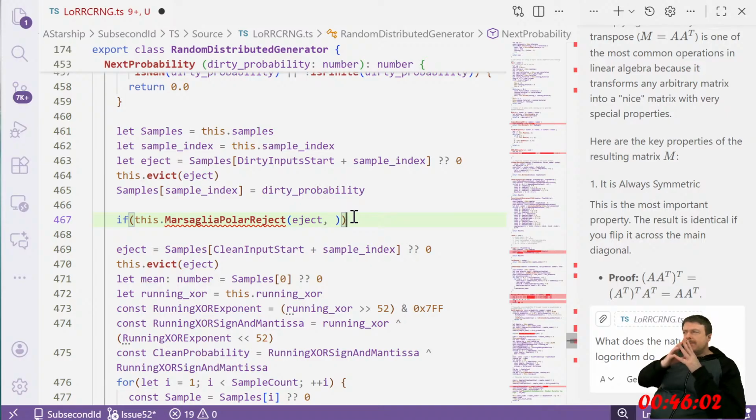So let's say somebody's trying to hack my UUID generator. So the current dirty probability is the most recently submitted one, but somewhere else in there is another poison sample, or maybe they're all poison, right? What would poisoning look like?